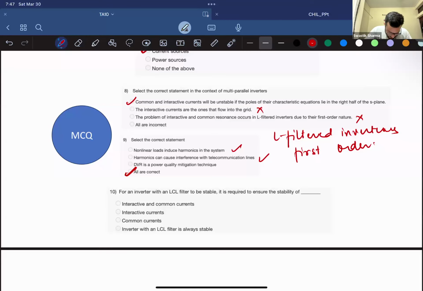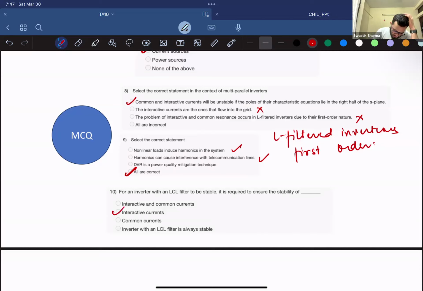Next, for an inverter with an LCL filter to be stable, it is required to ensure the stability of. So you just need the stability of what current? B, interactive current.